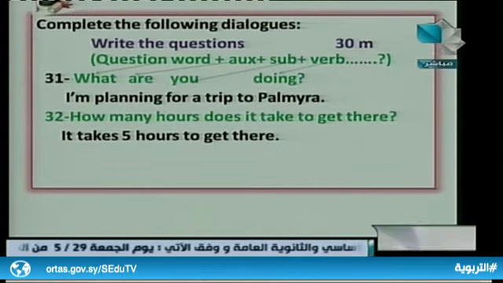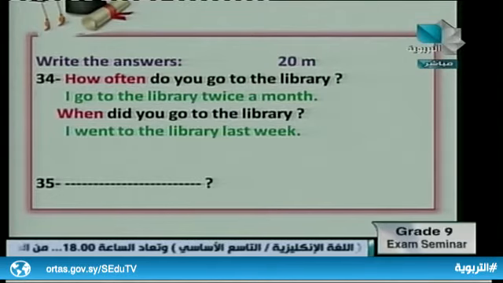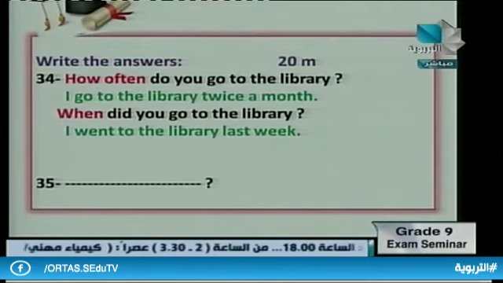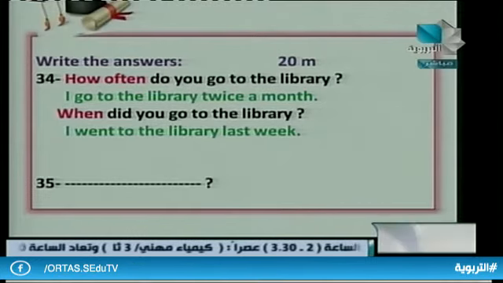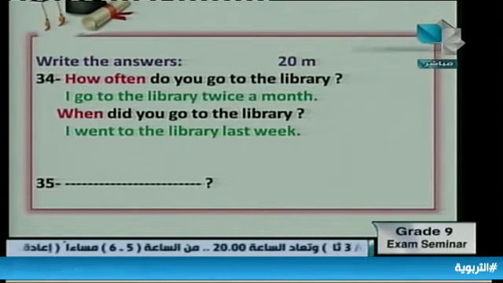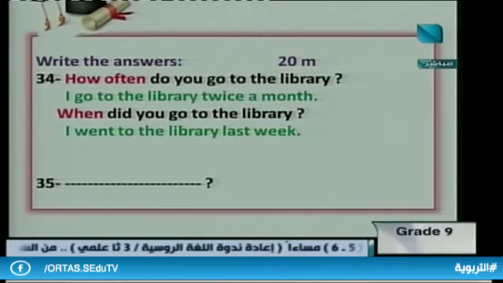Now, let's move to write the answers. The second part here is to write the answer. So please also pay attention to using the right tense. Here I have two questions. How often, for example, and it rates of course 20 marks.